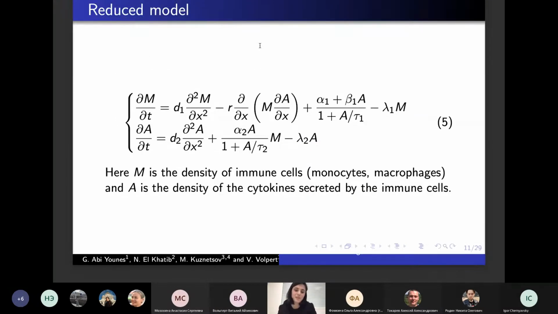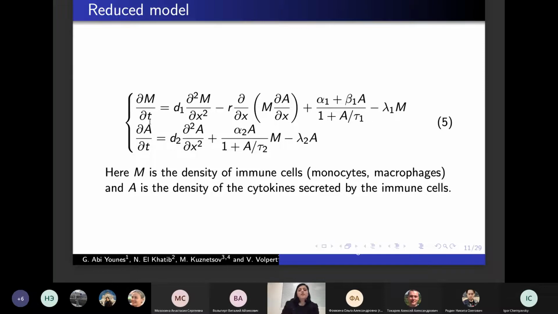So we move to the reduced model. While we provide a reduced model, it is a more generic model where we keep only the equations for M monocytes and A cytokines.